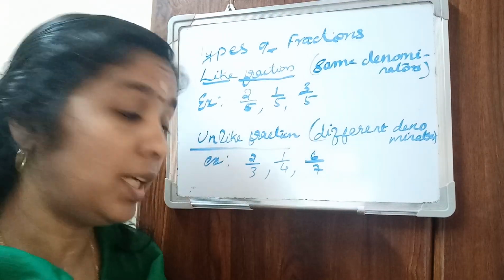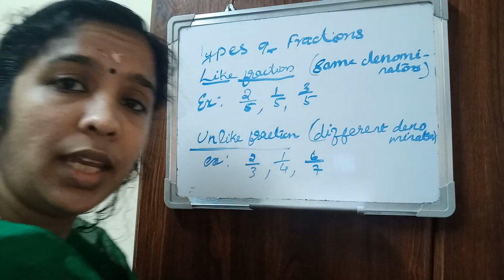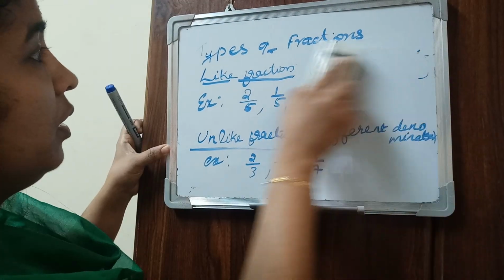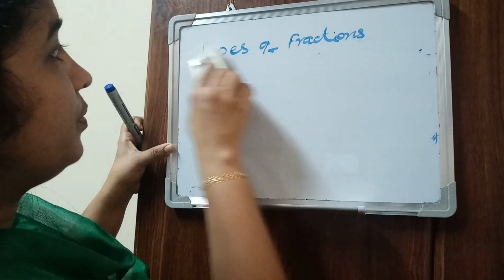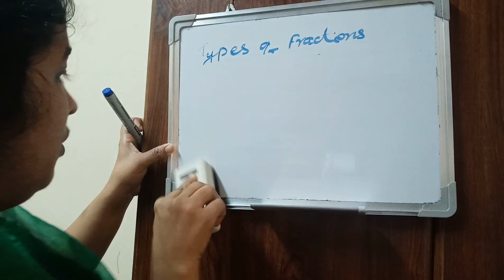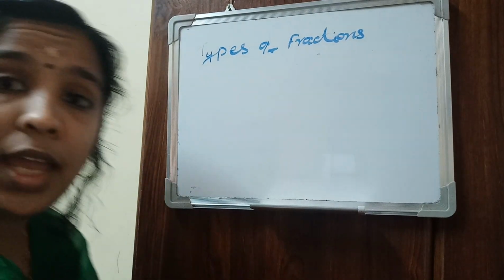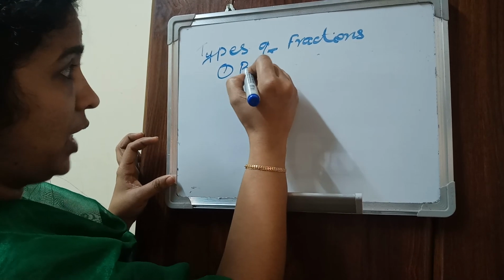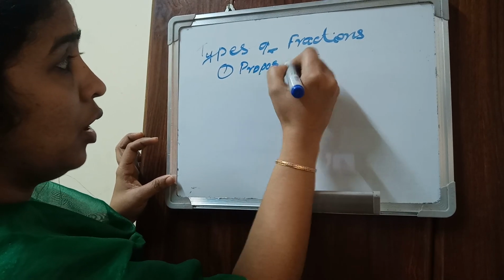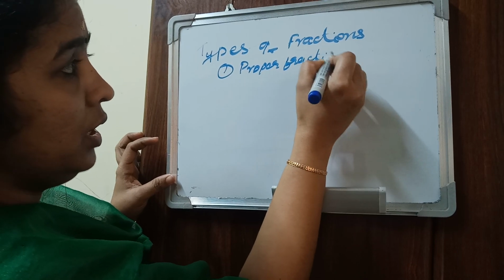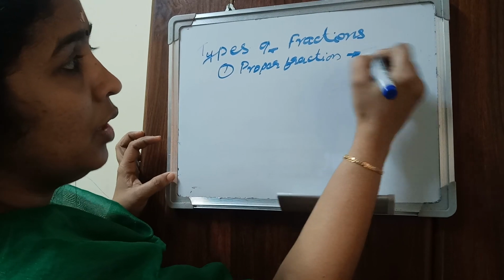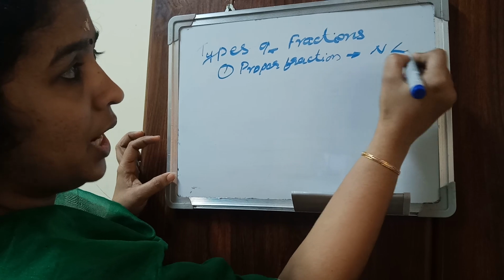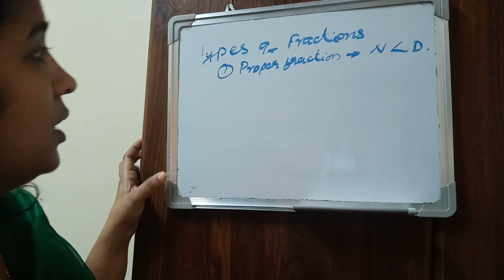Okay, is that clear? Then we are going to make a small revision of what we have discussed today. One is proper fraction: when the numerator is less than the denominator.